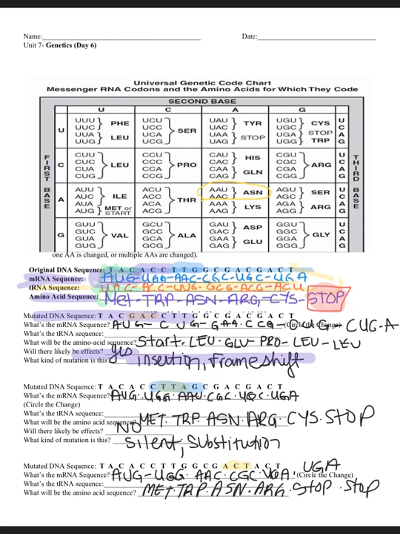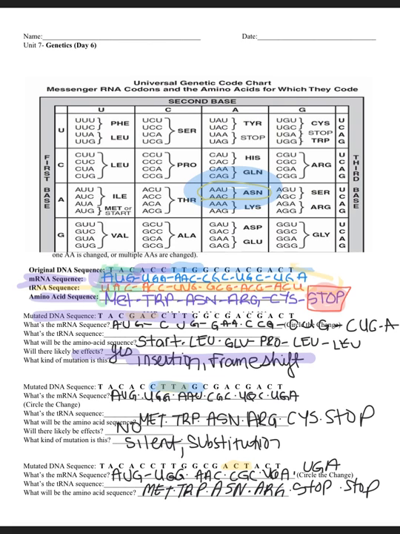Now, the mRNA codes are indeed different. In the mRNA sequence for the original, we have AAC, and in the mRNA code for the mutated, we have AAU. But if you look at our code chart, you'll notice that AAU and AAC actually code for the same exact amino acid.